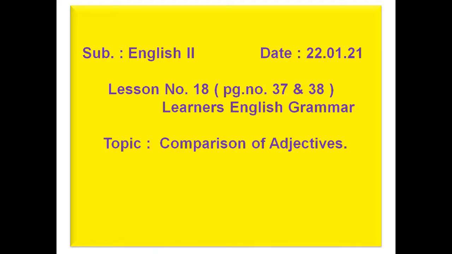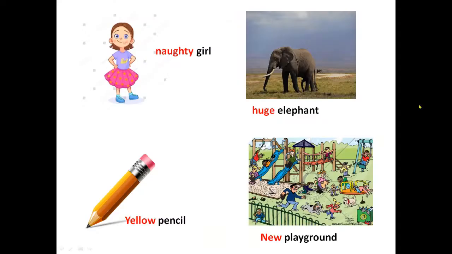We studied about the words which tell us size, shape, taste, color, touch, feelings, and number of the given noun. Now, in this lesson today, first we will revise the adjectives and the nouns.